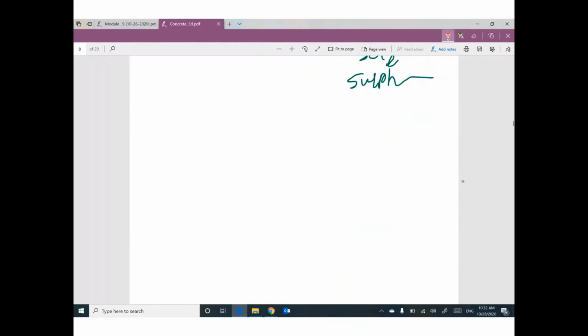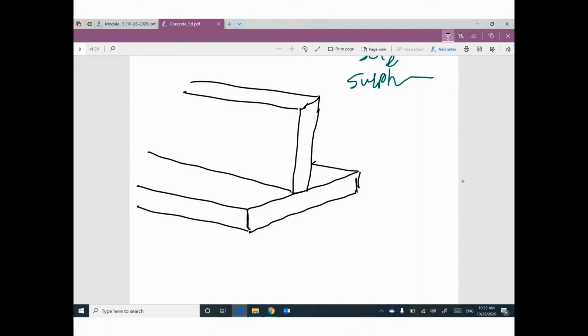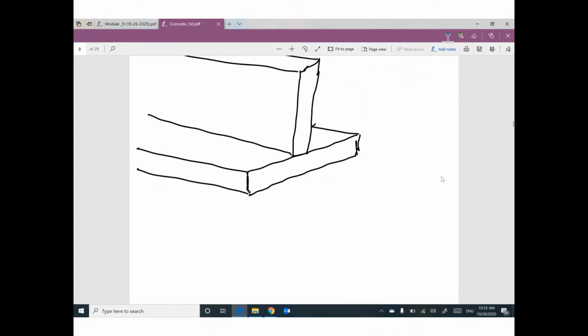If you have a footing, strip footing, and we have a wall, like this, we have two issues. We have an issue with shear, and we have an issue with moment. We need to solve this issue first.